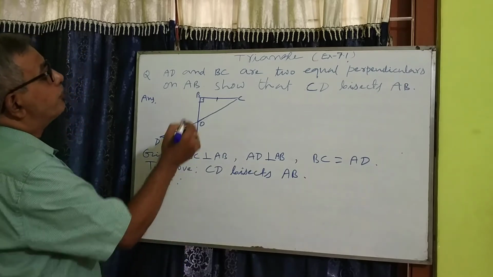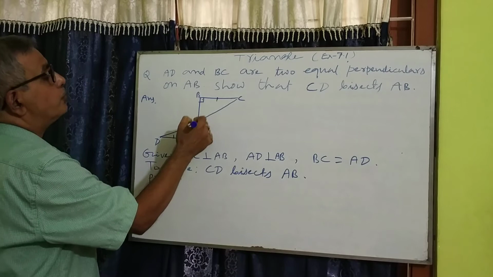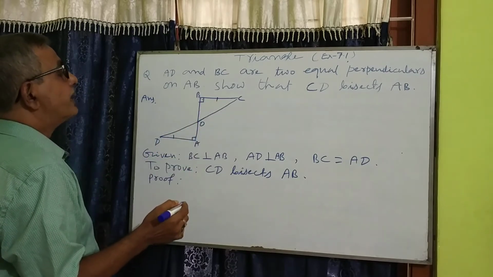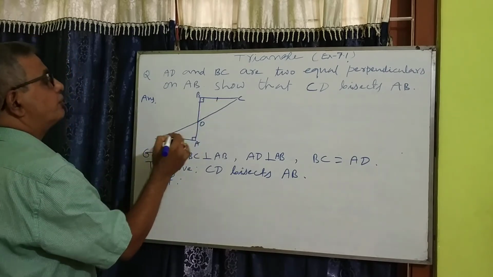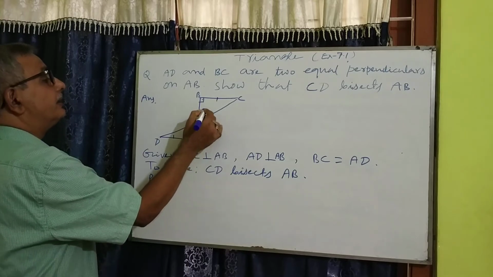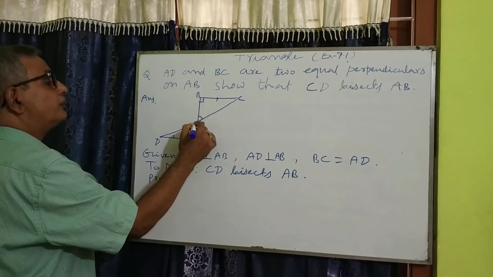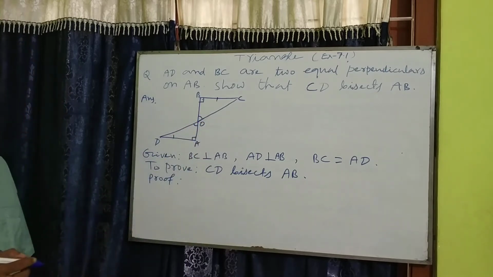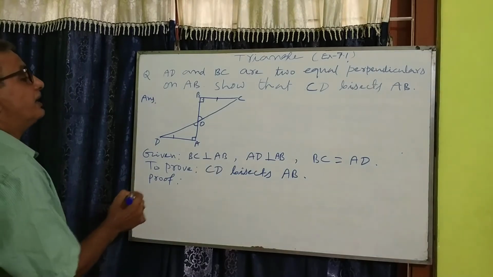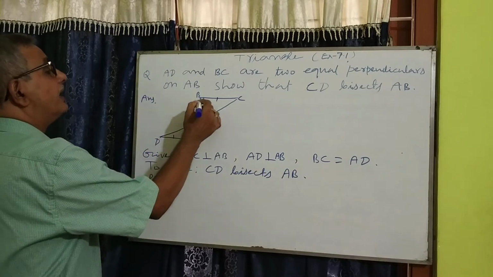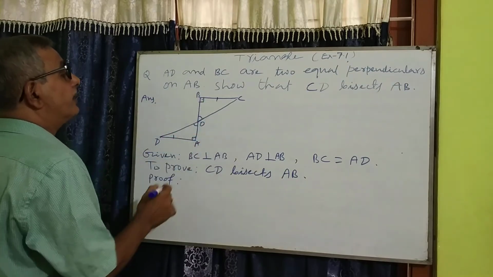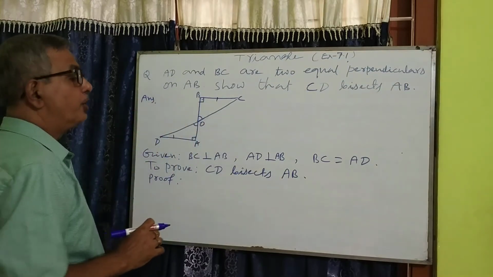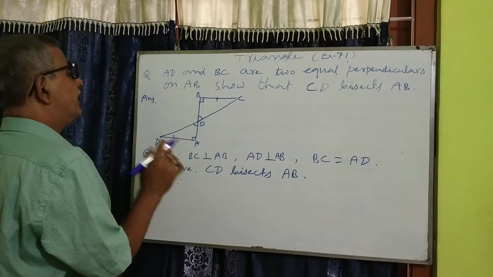My dear students, you compare these two triangles. Here you see, this angle is equal to this angle. Why? In lines and angles you might have been taught vertically opposite angles are equal. So this angle is equal to this angle. This is equal to this. Why? 90 degrees.